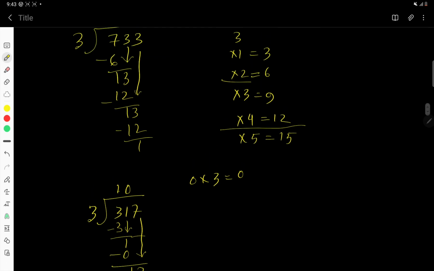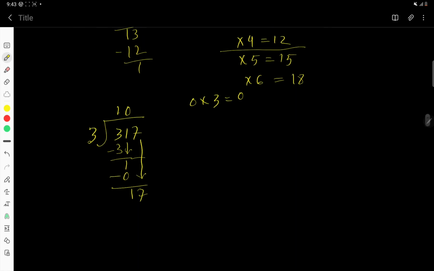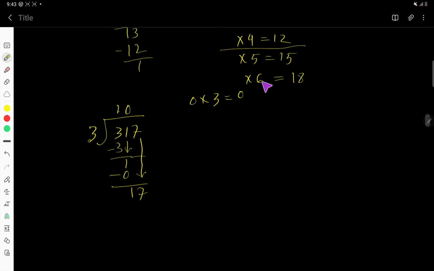Look, 3 times 5, 15. Then 3 times 6 will be just 18, just add 3 with this 15. So here we have 17. But if 3 goes into 17 how many times? Actually 5 times, right? 5 times 3, 15.